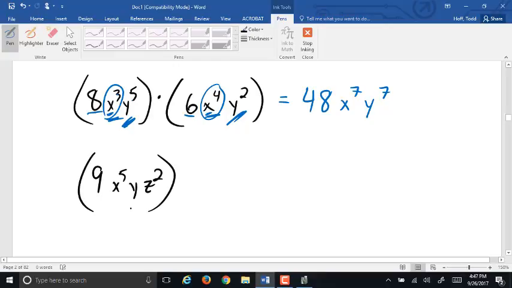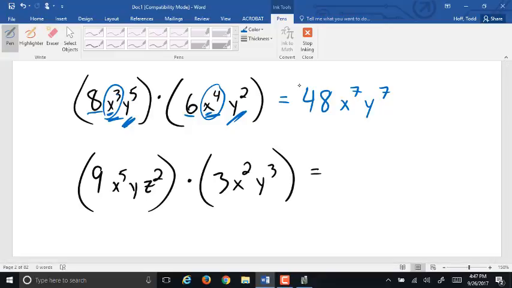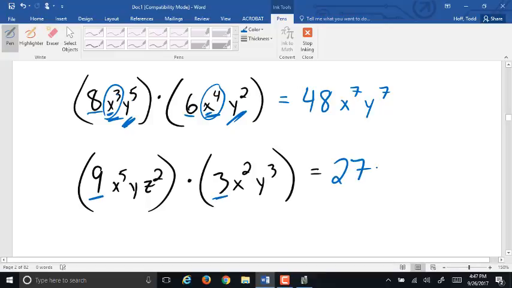So if I have 9x to the 5th, y, z squared, times 3x squared y to the third. What am I going to get? Well, I combine the counts. What's that going to be? 27. 9 times 3 is 27.